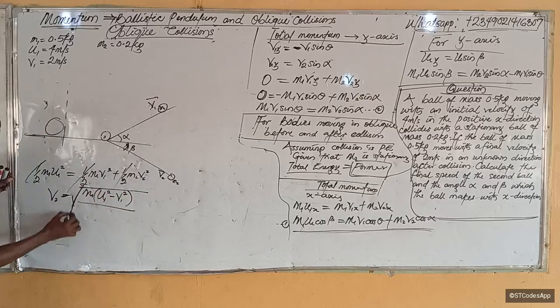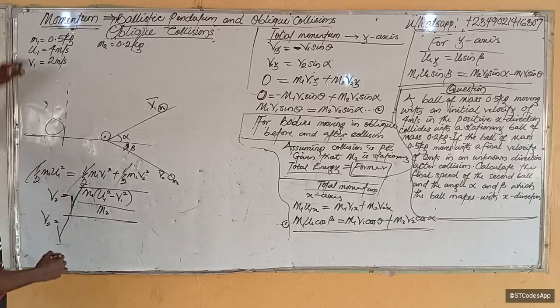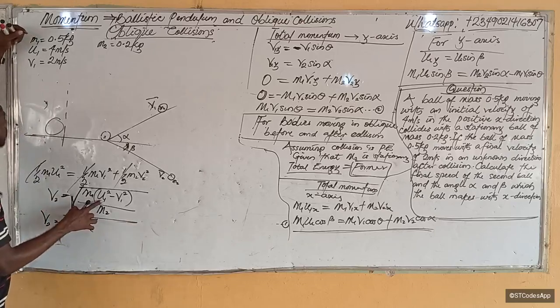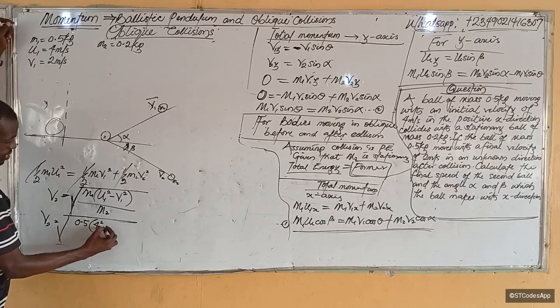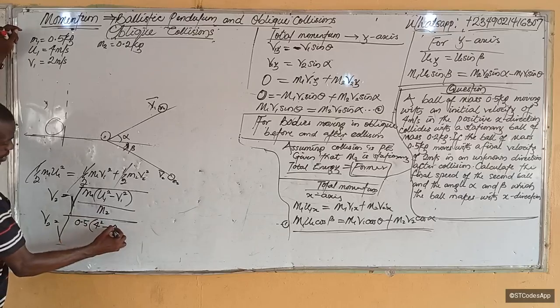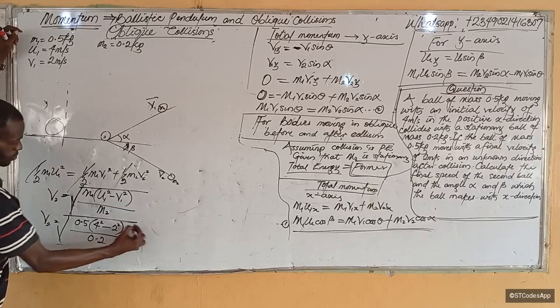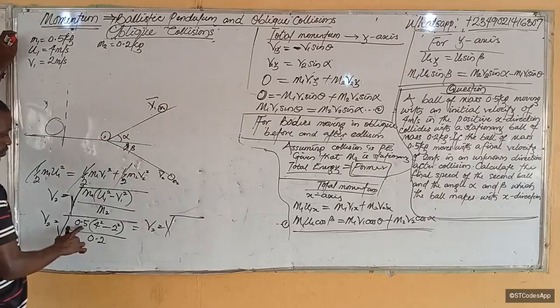You see the formula is easy to generate. So v2 therefore becomes the square root of, first mass is 0.5 into bracket u1 squared, that's 4 squared, minus v1 squared, that's 2 squared, over m2, that's 0.2.